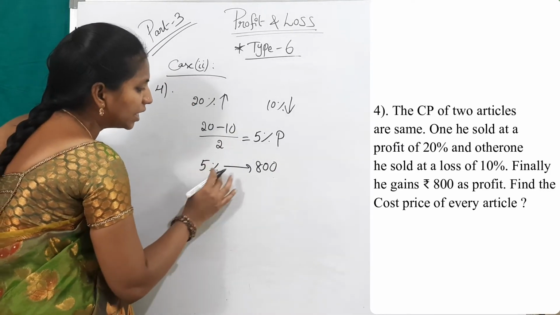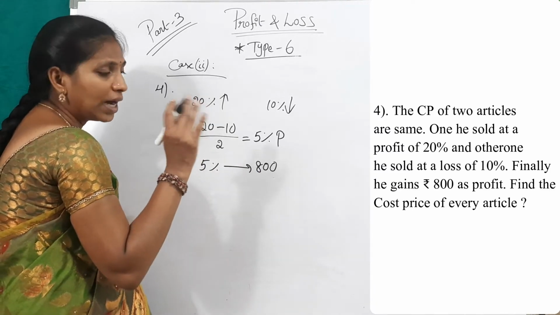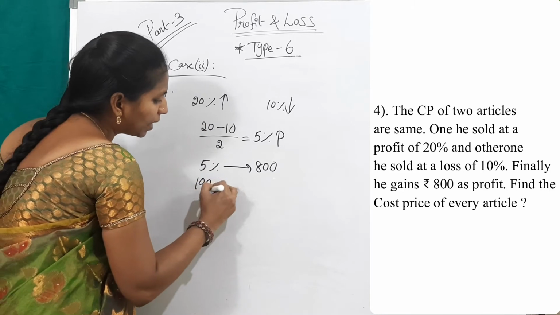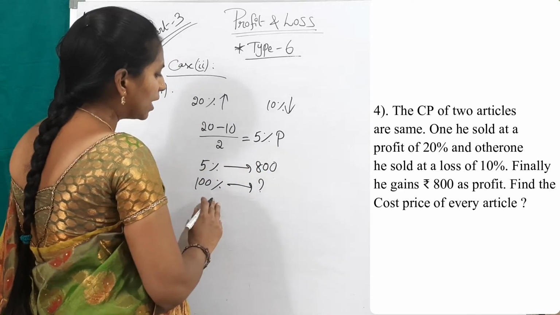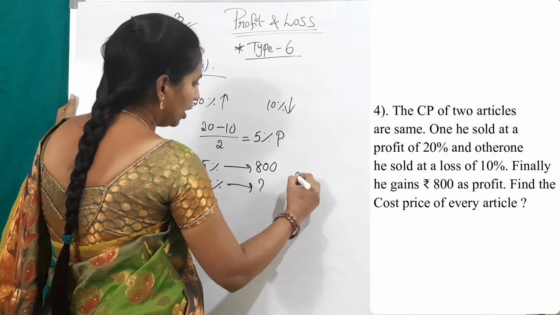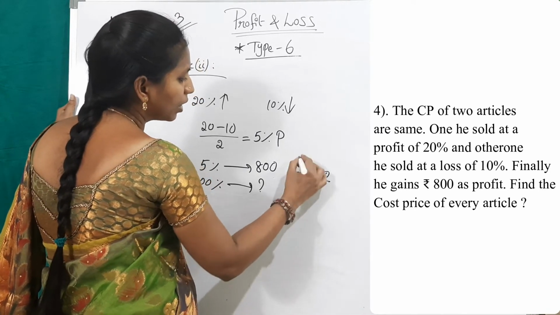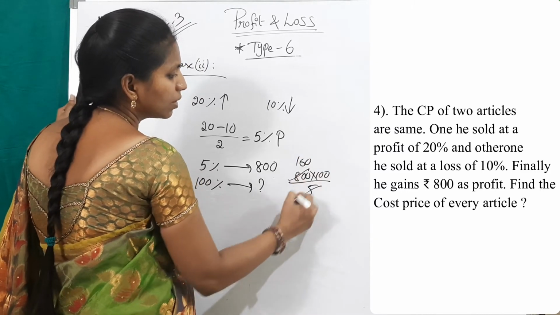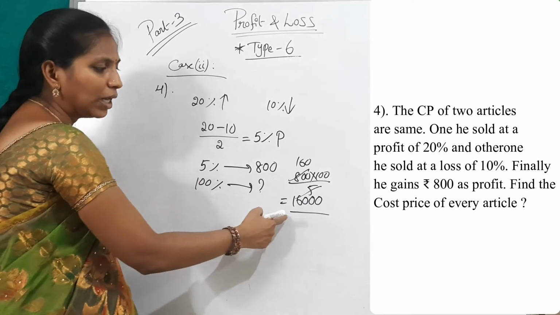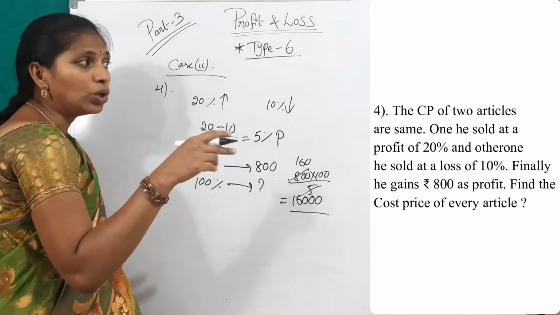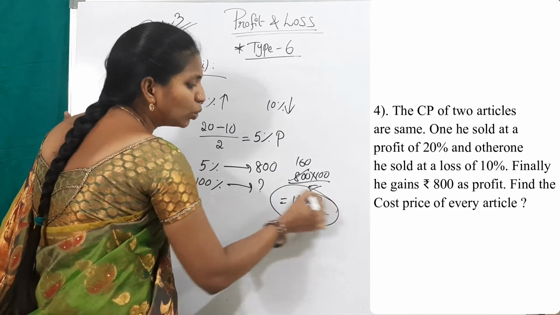Here 5% profit for 2 articles. 100% equals how much? Now cross multiply: 800 into 100 by 5. So 16000 is the value. For what? For 2 articles, not for 1 article.